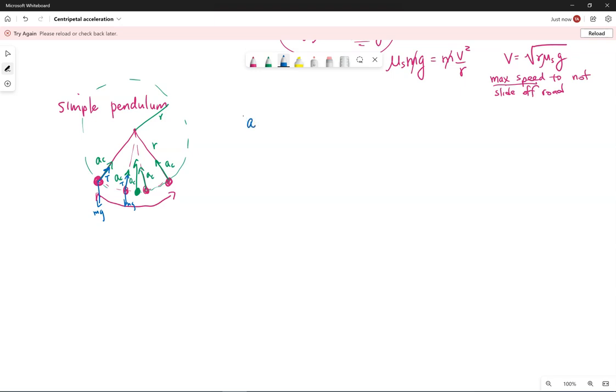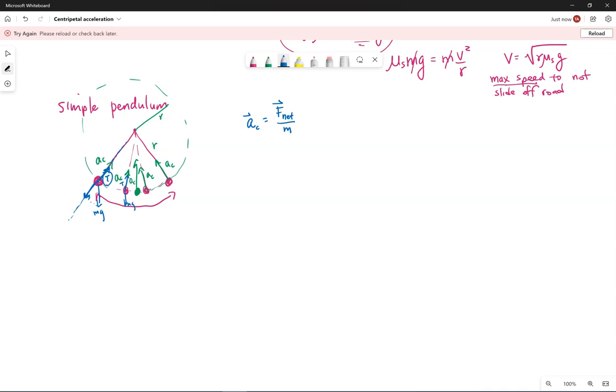When we say that this centripetal acceleration is due to a net force, we mean forces along this radius line. And so we have to add up. The tension is always along that radius line pointing inwards. Depending upon which moment in time we're talking about, the gravity force is going to have a component as well.